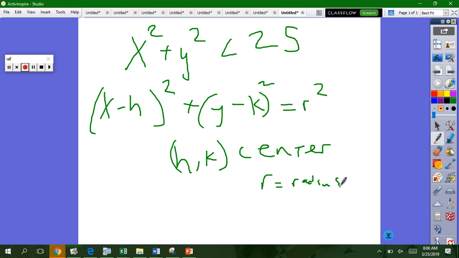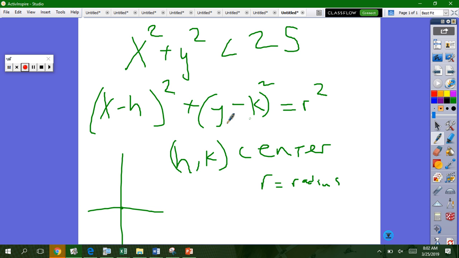So with our case, what's our center? 0, 0, right? Because notice it's not being shifted left or right with any of the x's, correct? Or the y's. So I'm at 0, 0. But then r squared is 25, correct?